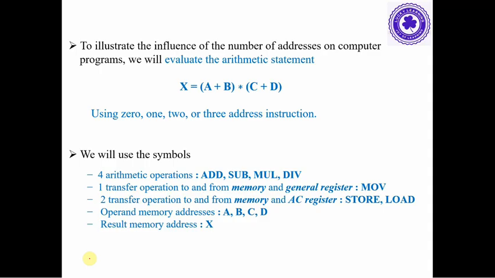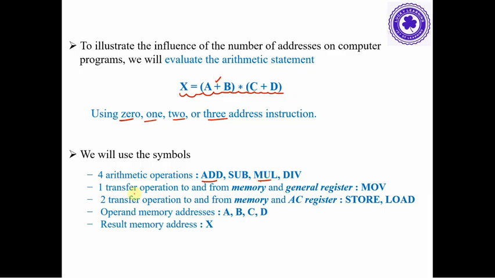Here we will understand one simple illustrative example with which we have to write 0, 1, 2, and 3 address instructions. Here I am assuming the instruction is X equals A plus B into C plus D. It requires addition and multiplication.